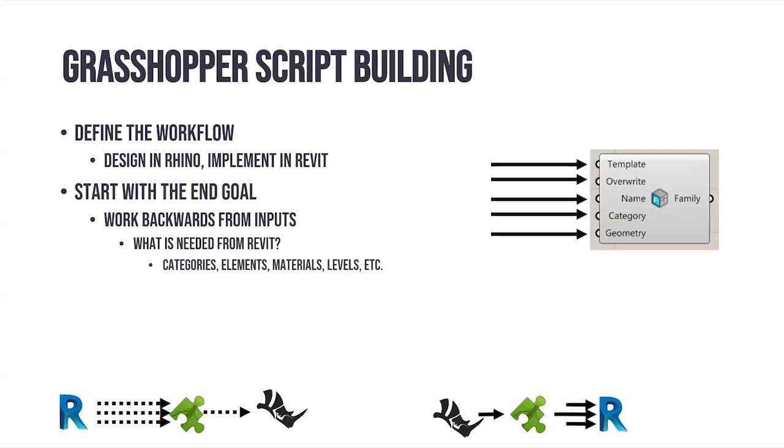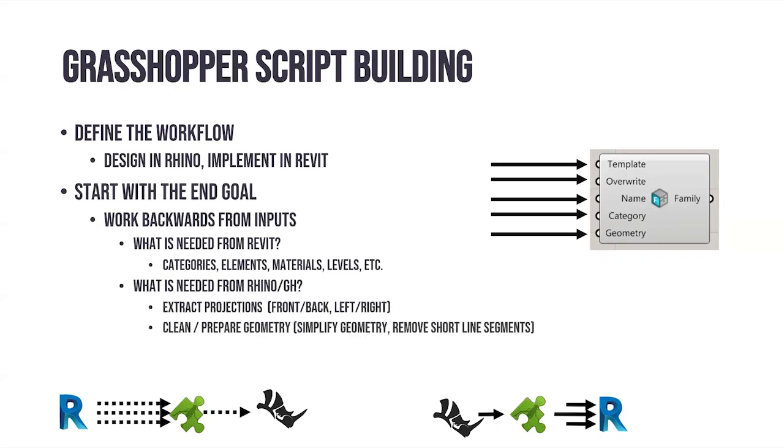Extract projections, front, back, left, right, clean and prepare geometry, simplify, removing short line segments, etc. So you want to think of the entire process, the entire workflow, before you go out and start designing your Grasshopper scripts. And with that, I will hand things over to Japhy, who will show you some of the real cool stuff that you can do with Rhino inside Revit.